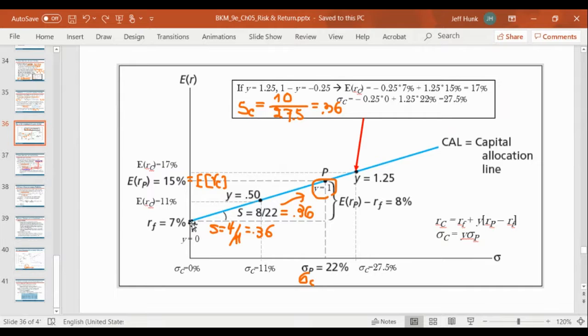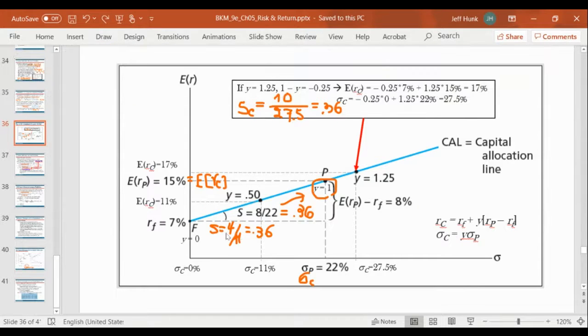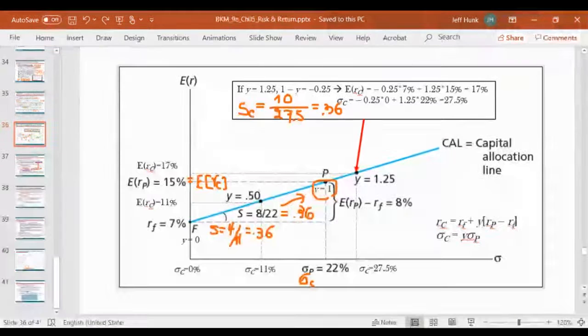The only way is, if it is possible, for the slope of the line to get steeper, which would enhance the Sharpe ratio.